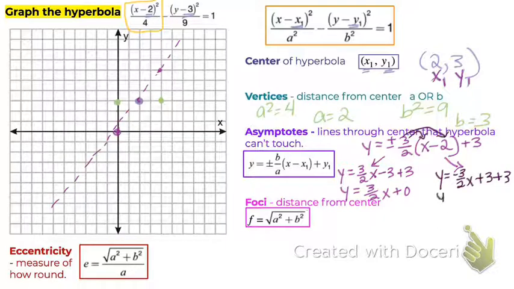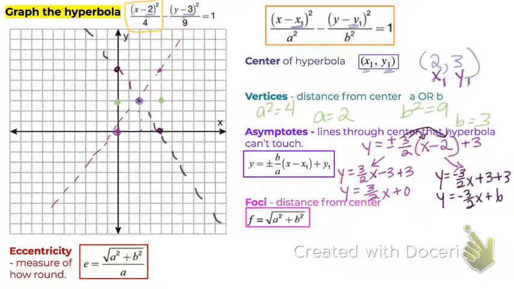And when I simplify that, I get negative 3/2 x plus 6. So my y-intercept is 6: 1, 2, 3, 4, 5, 6. And my slope is negative 3/2. So down 3 over 2. Down 3 over 2. And this is my other asymptote.